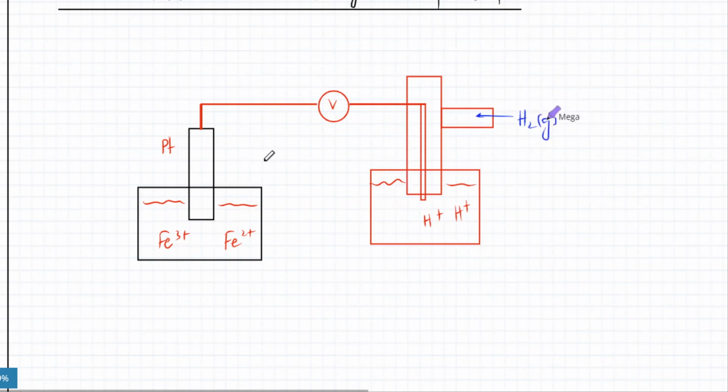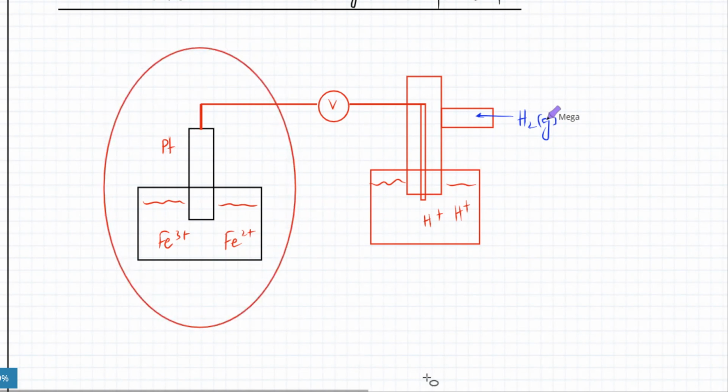So just remember that all the electrodes that you're going to draw, their voltages are going to be measured with respect to this particular electrode, which is known as the standard hydrogen electrode. Either your electrode will have a higher potential compared to this, or it's going to have a lower potential. So the voltages that you're getting are basically the voltages compared to this reference system.